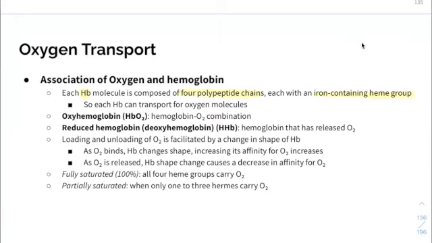And the red blood cells are the most efficient way to get oxygen out to the tissues, because our blood vessels carry the blood to all parts of the body. Oxyhemoglobin is a hemoglobin-oxygen combination. Reduced hemoglobin, or deoxyhemoglobin, is hemoglobin that has released the oxygen it was holding on to.